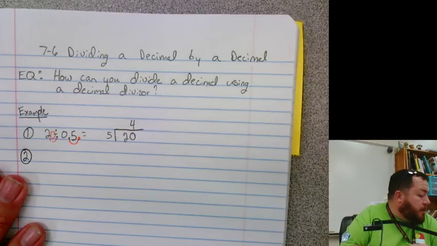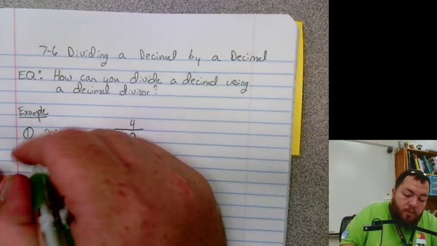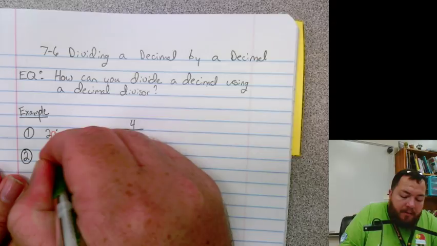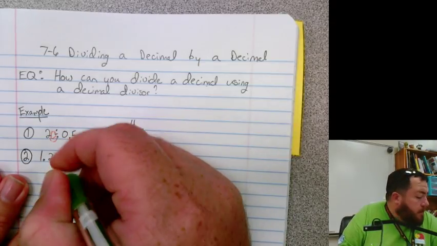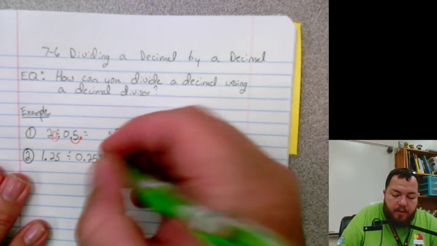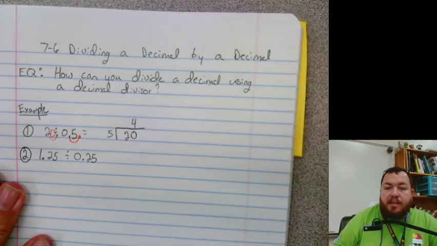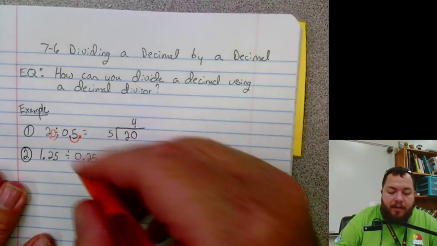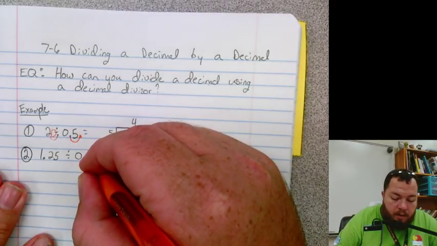And for number 2, I'm going to go ahead and do 1 and 25 tenths divided by 25 tenths. First thing I'm going to do is I need to move the decimal point out of my divisor. So I'm going to go 1, 2.